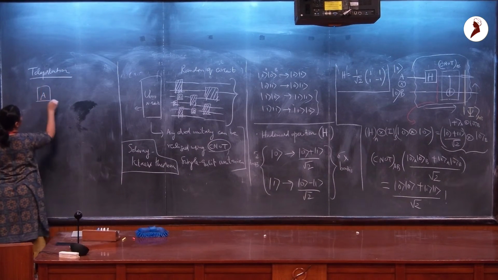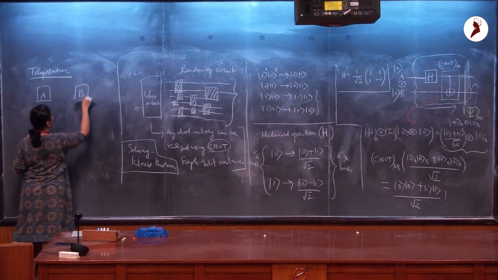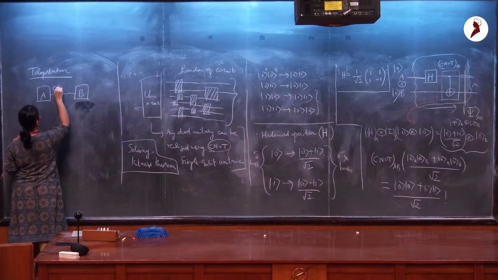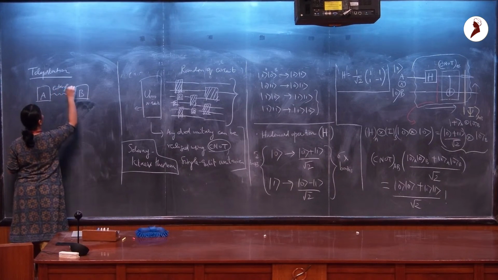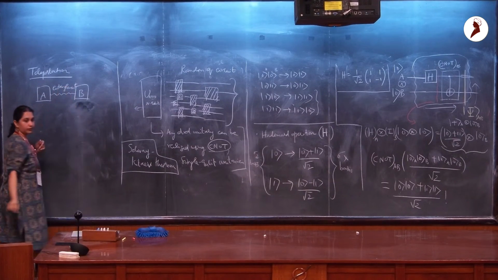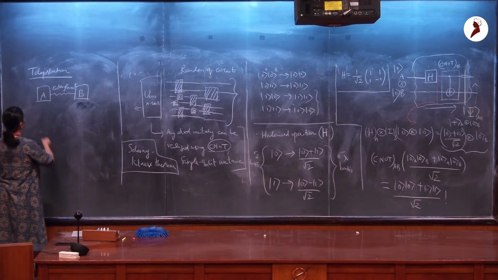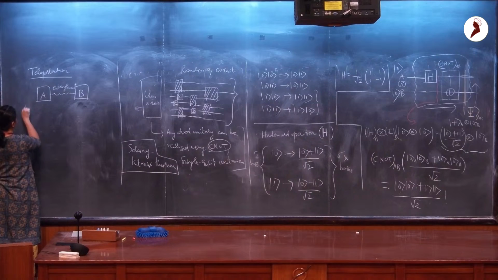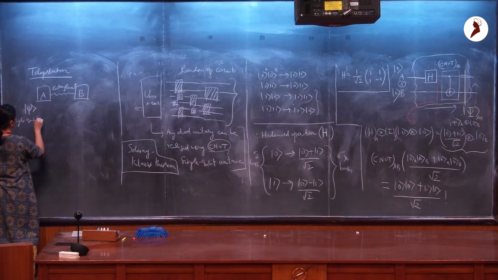You have two parties who share some entanglement. Someone gives one of these parties, A, an arbitrary single qubit quantum state. I'm stating this only for qubits.